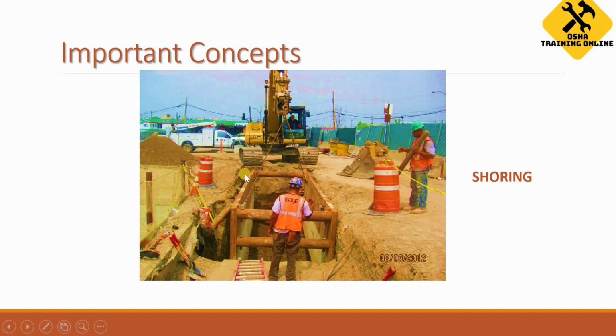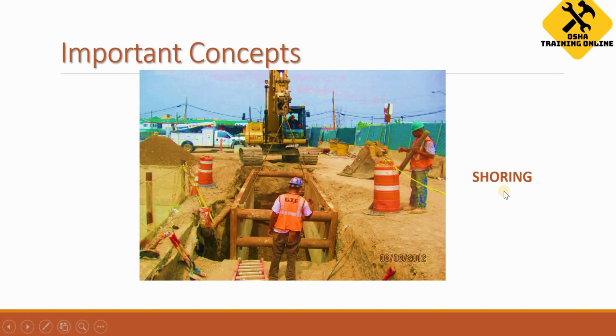Suppose they are making a trench. These rods are metal rods and they are placed inside it so that the edges of the excavation may not break and fall down on the worker working under this excavation.